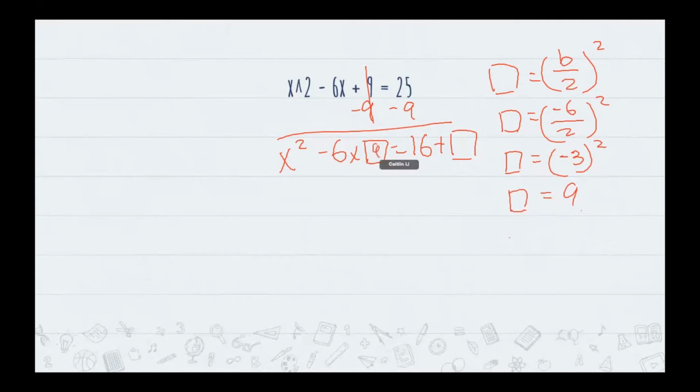And you put the 9s in here, and we combine 16 and 9 will give us 25. And we put everything down. And this would be our equation so far.